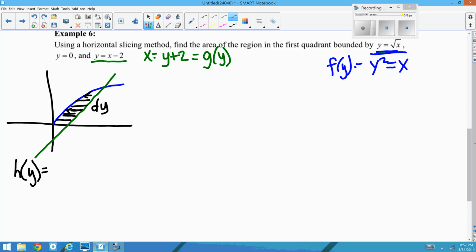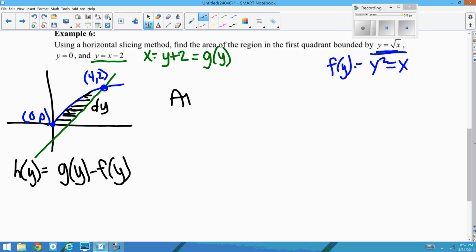Now to do the area, I need to use everything in terms of y values. So I have to figure out what y values these are. Well, I know that this point is (4, 2). I know that this point is (0, 0). So when I talk about my height, I'm going to have g of y minus f of y.